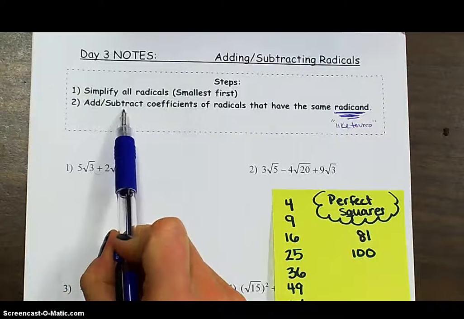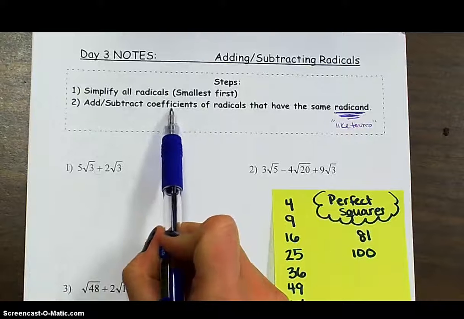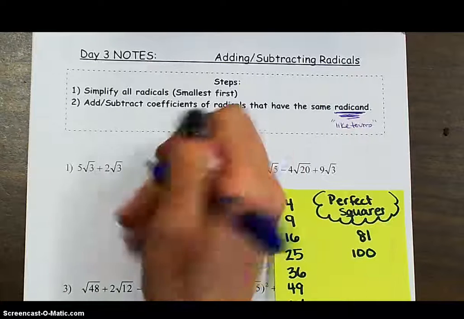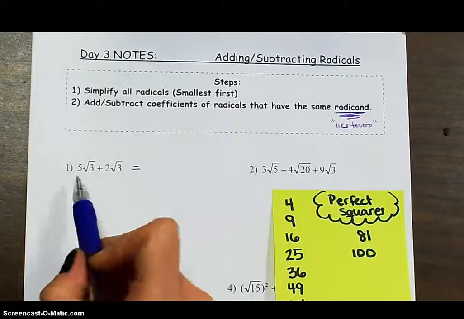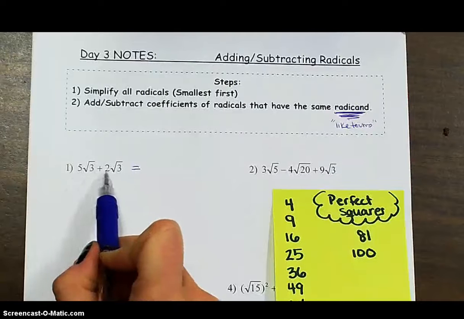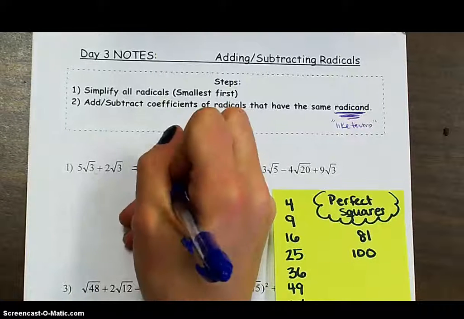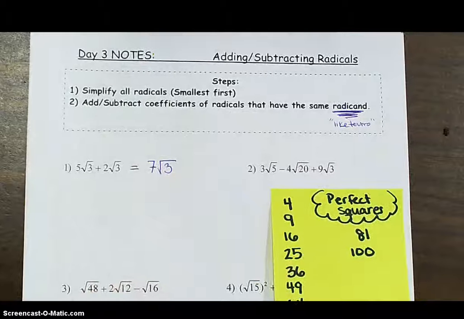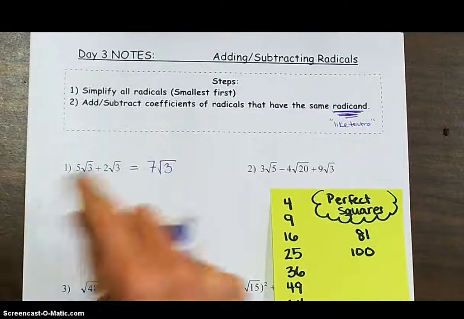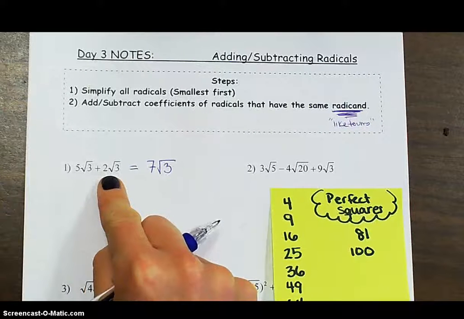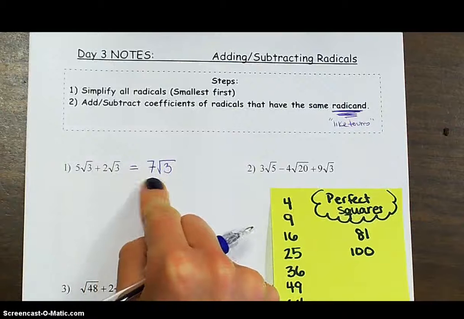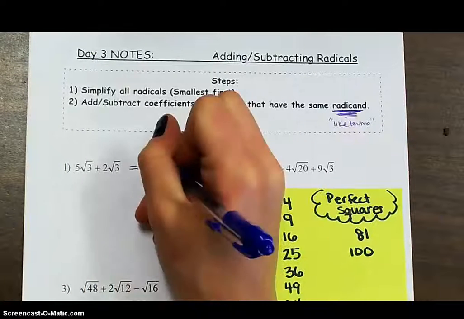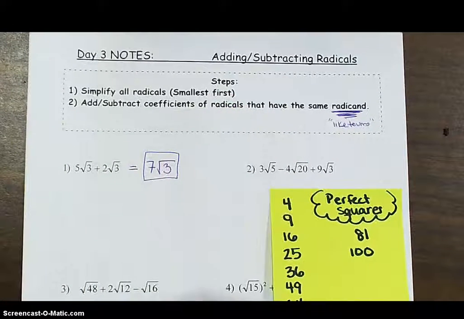When we add, you add the coefficients, and you keep the radical the same. So 5 plus 2 is 7, and the radical 3 stays the same. Because you have 5 radical 3s and 2 radical 3s, so now we have 7 radical 3s. And with that, you are done.